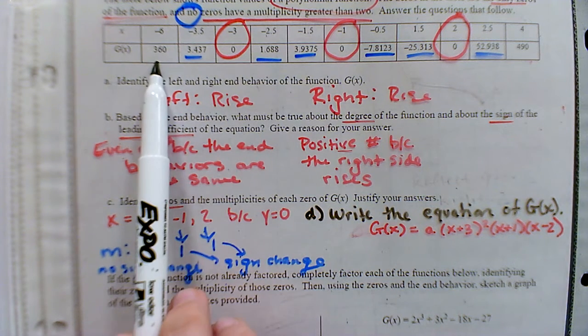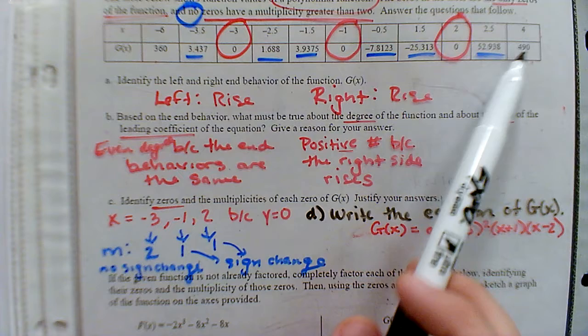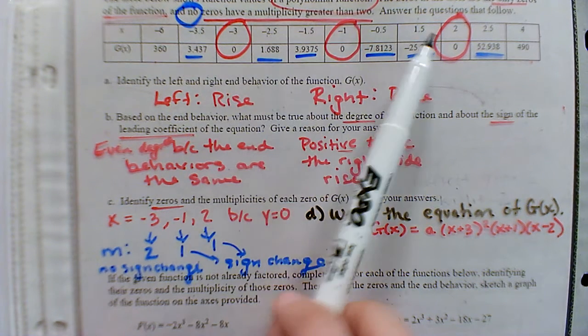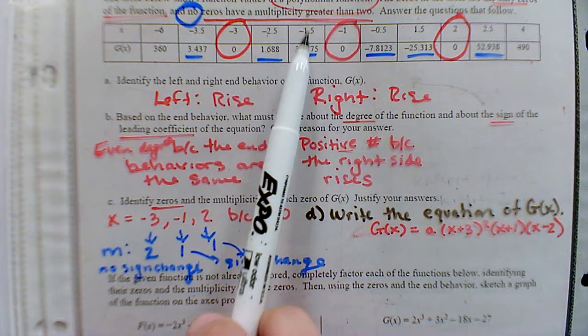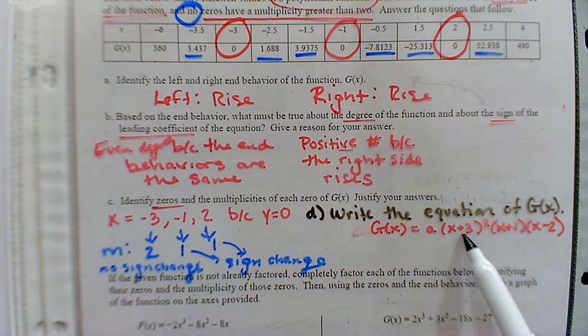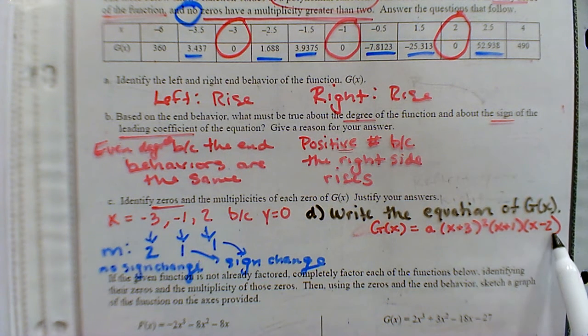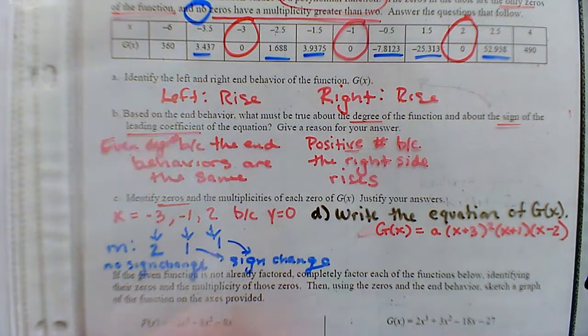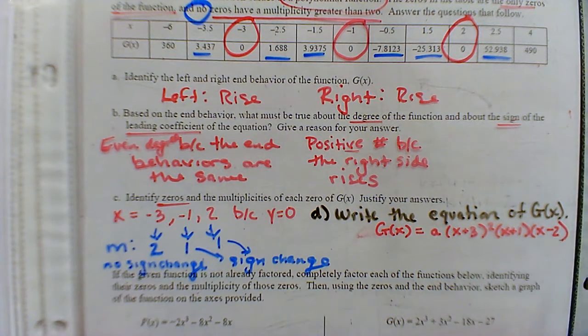You could do the -6 and 360. You could do the 4 and 490. You cannot use the x-intercepts though, because we already used that information to help us with the factors. So that's kind of a key point. If you tried to use one of those, it wouldn't work out because you already utilized them.